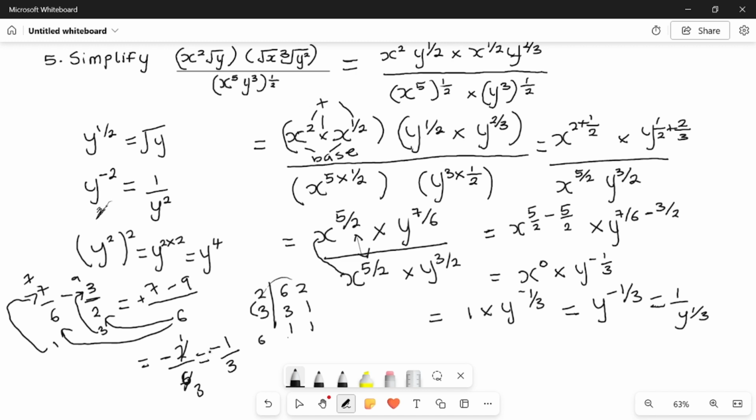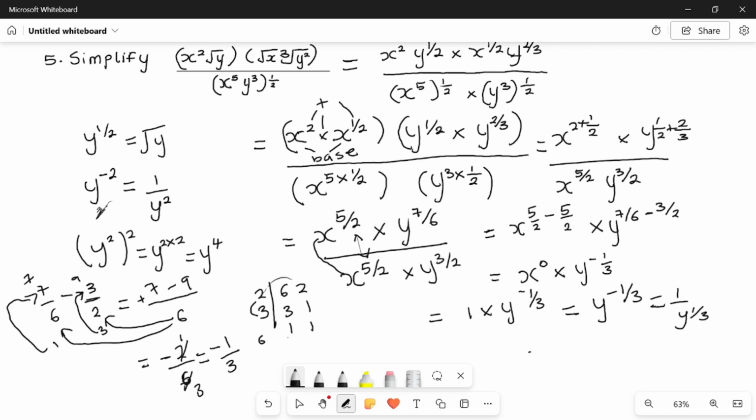The negative index simply means put it in fraction form. So from this y to the 1 over 3, we know that y to the 1 over 2 is the same thing as root y. So y to the 1 over 3 will be the same thing as cube root of y. So let's write it down.